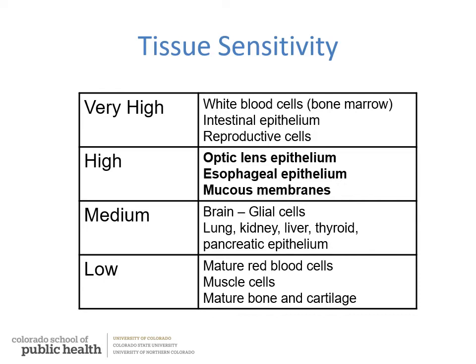And then you can see some things that are in between. Things that are highlighted here, like your eyes, the optic lens epithelium, and mucous membranes in your respiratory and intestinal tract, tend to be pretty sensitive as well.